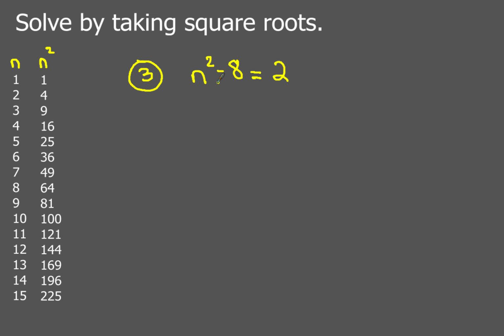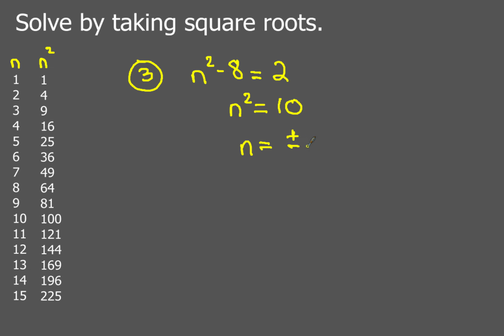Now, to begin this problem, we're going to add 8 to both sides, and we would get n squared equals 10. So now we've isolated the squared term by itself. So with this, again, we're just going to square root both sides, but don't forget that plus or minus.